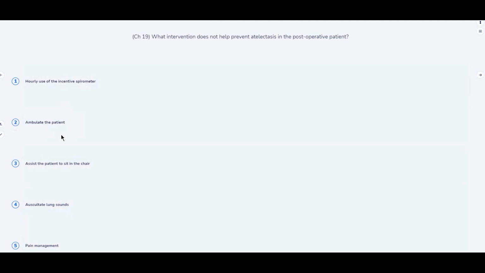We need to use the incentive spirometer hourly if we can get them to. The patient needs to walk, some patients 2 or 3 times a day, depending on the patient. Assist the patient to the chair, get them sitting upright, change position. And overall pain management will help people take deep breaths if they're having pain from some kind of condition.